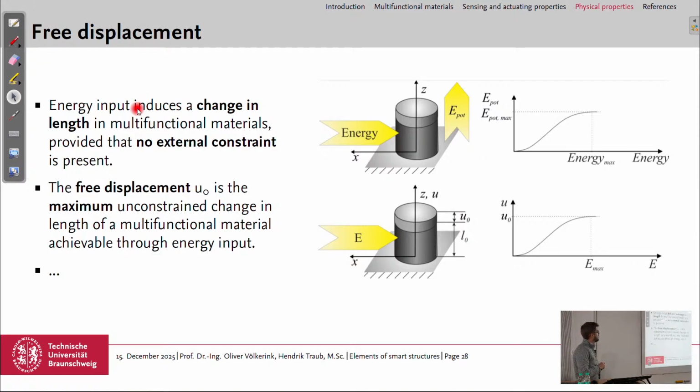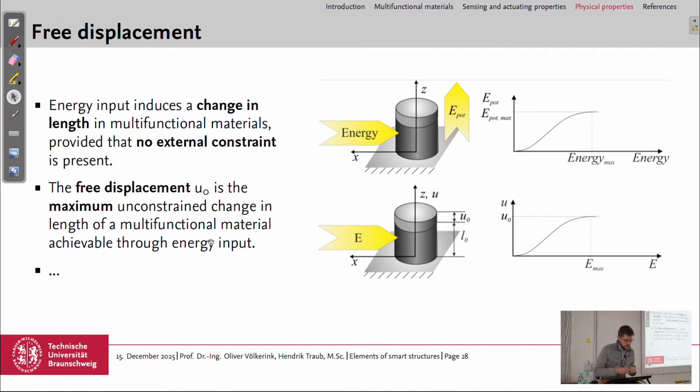An energy input induces a change in length of the multifunctional material, for example, the piezo ceramic material, and we assume that we have no external constraint, so it can freely move, the material or the piezoceramic. The free displacement U0 is then the maximum unconstrained change in length of a multifunctional material achievable through energy input.